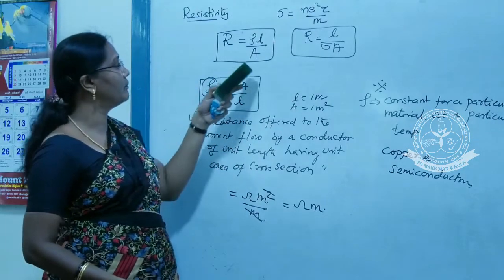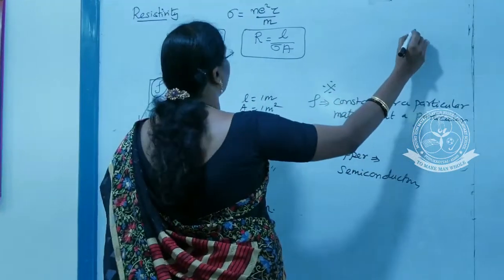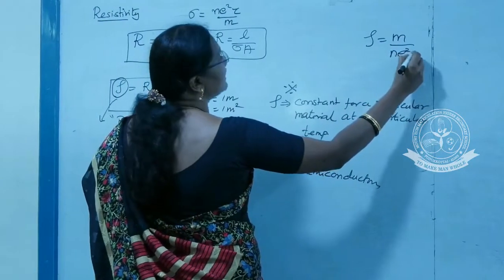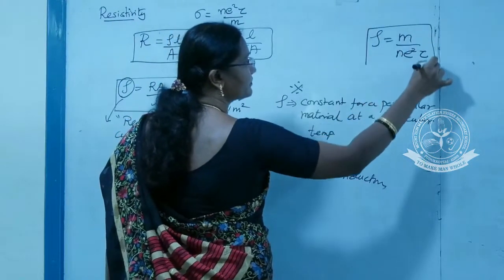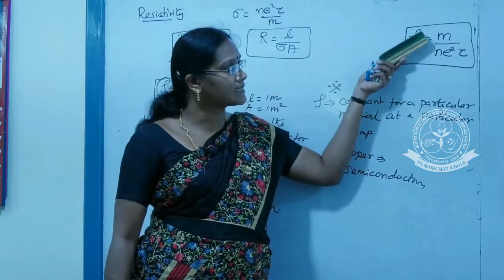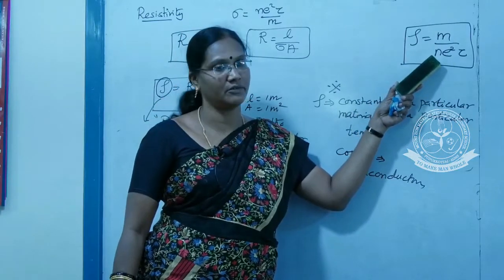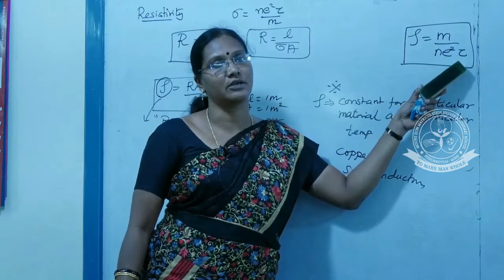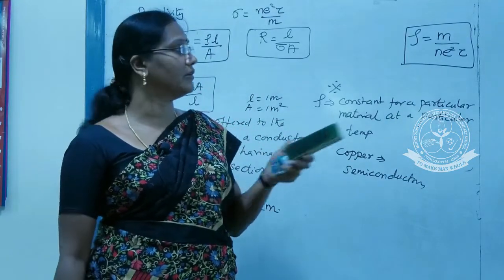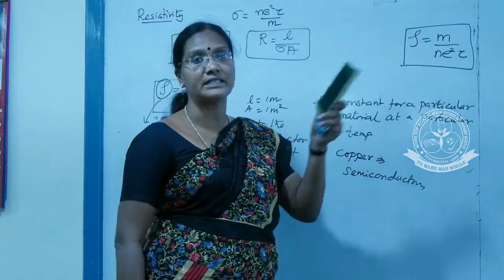It actually depends upon, as I said earlier, intrinsic properties, and rho is m by n e square tau. See this equation: rho depends upon the mass of the electron, electronic charge, number of free electrons, and tau. Tau is the average time taken between two successive collisions. These are all intrinsic properties.